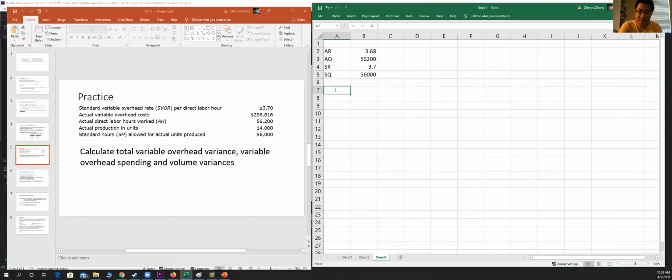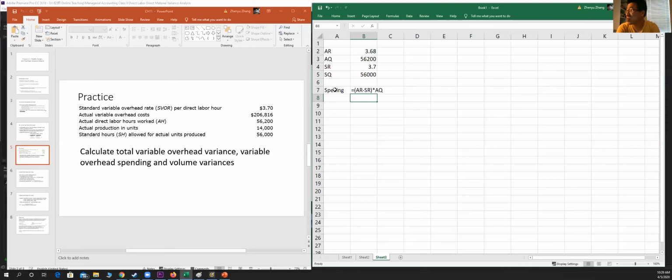So first, spending. When we talk about spending variance, it's always related to the price, right? So if you recall, in parentheses, it's going to be actual rate subtract standard rate, multiply with actual quantity.